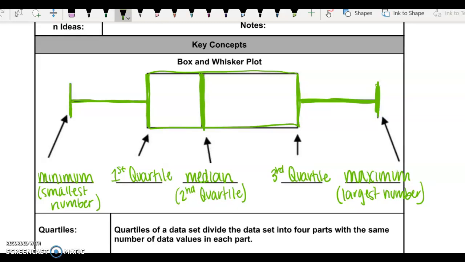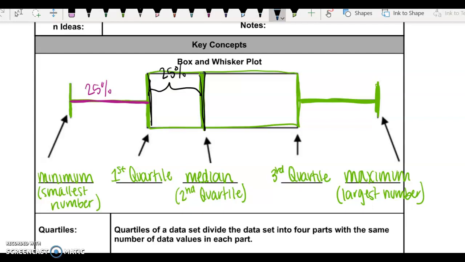The importance of a box and whisker plot is to show where our numbers lie. So 25% of our numbers lie between our smallest number and the edge of our box, so the smallest number and our first quartile. Then we have 25% more here between our first quartile and our median.